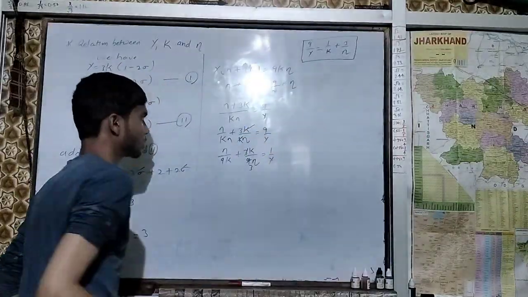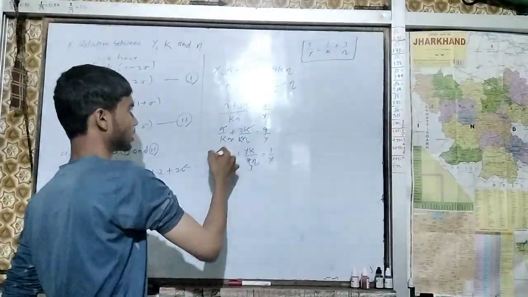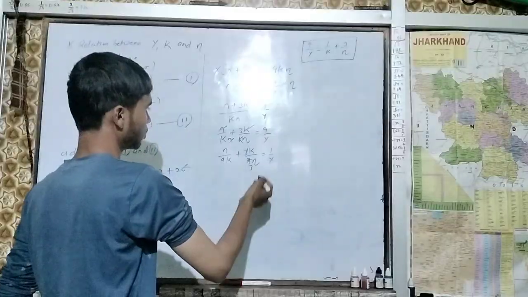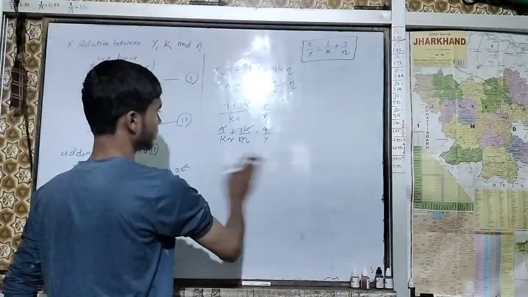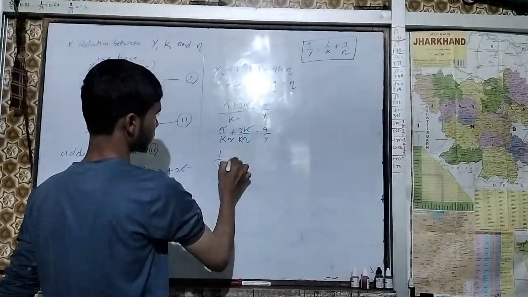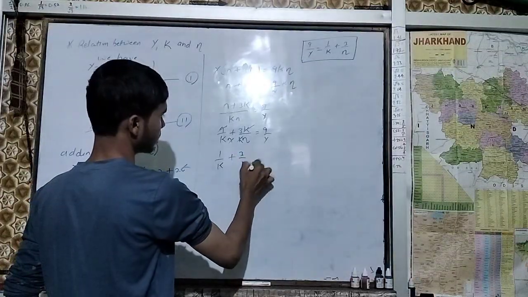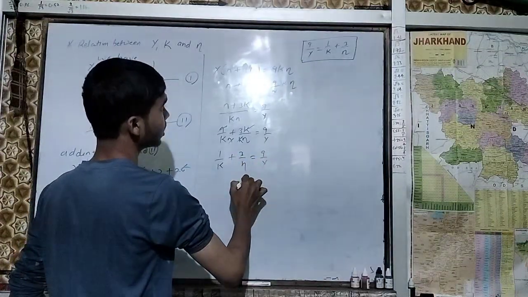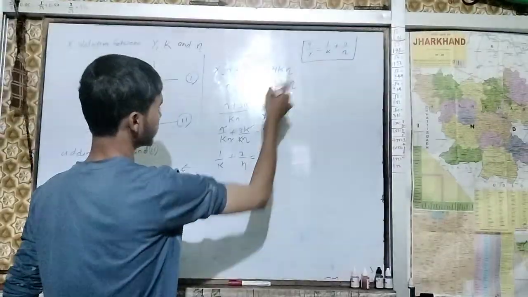So k will cut to each other, and η will cut to each other. So finally we have what? 1 upon k plus 3 upon η equals 9 upon y. So 3 upon η and 1.